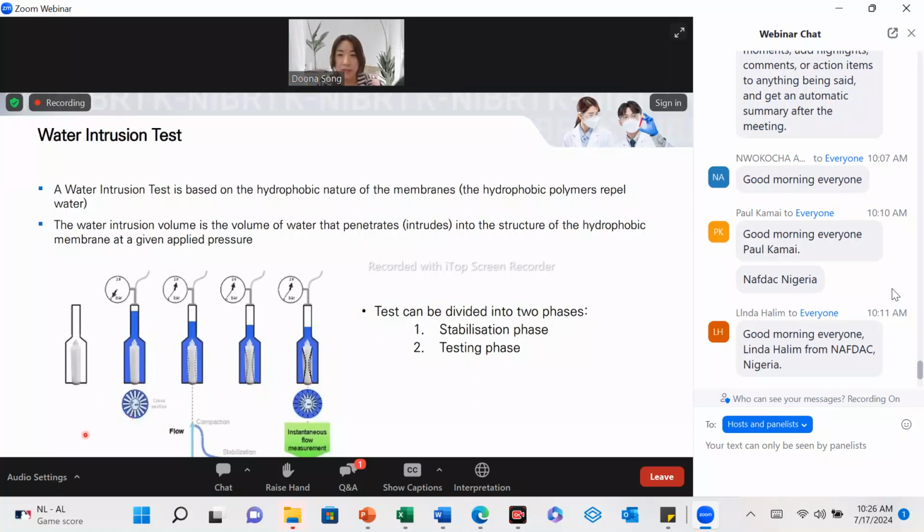Take a look at this figure. This is the filter before test, a normal filter. This is the filter after the test. It is crumpled. So what happened during the test? As pressure is gradually applied, the filter starts to deform and creates a water flow.